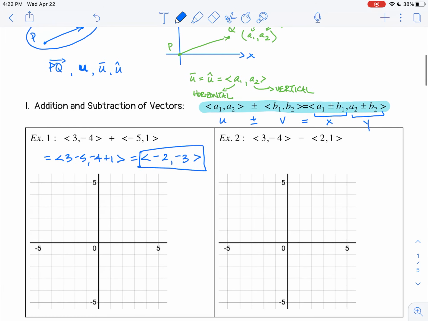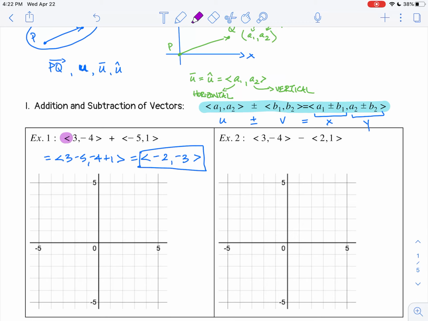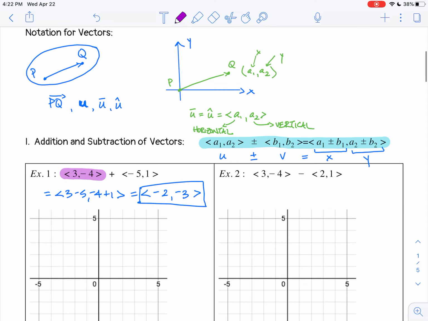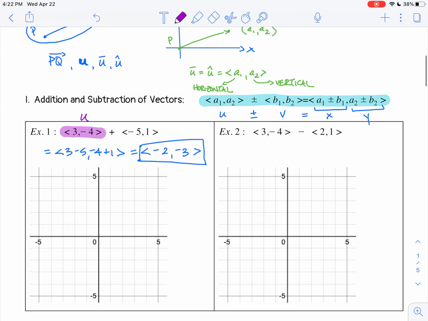All right. So what does this mean visually? Because I think that's really important to think about. So let's say that we have a vector, and we'll do that in the purple, and we can call this vector u. Okay, so u will be in the purple. And if I draw that on a coordinate plane, I'm going to start at the origin.